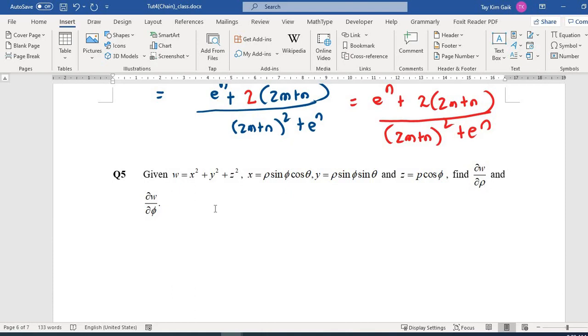Del w del rho, del w del phi. W is a function of x, y, z. X, y, z are parameters, and rho is actually 3 parameters: rho, phi, theta. But the question just wants to find 2 only, del w del rho and del w del phi.